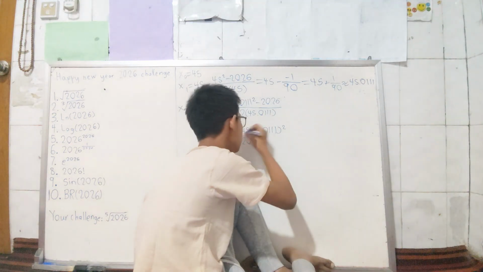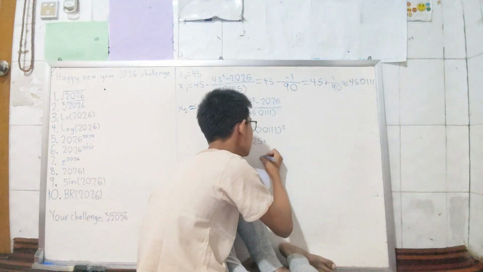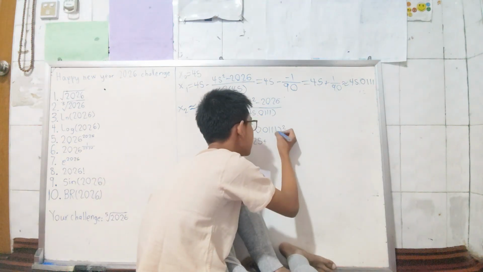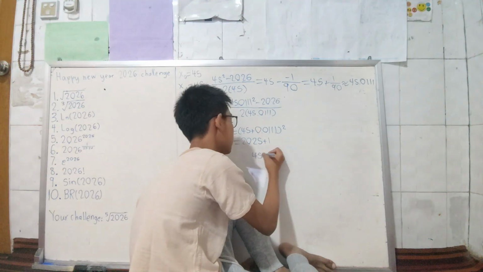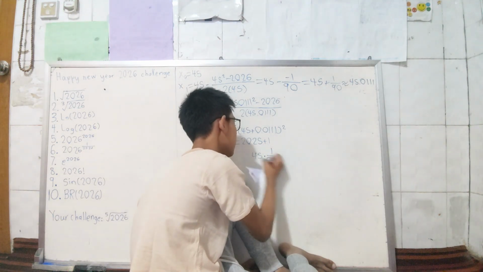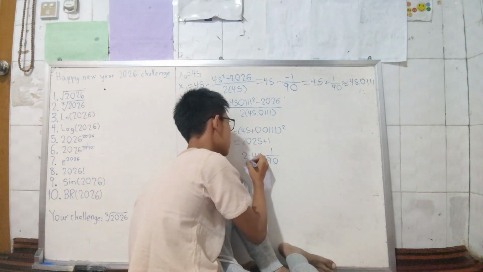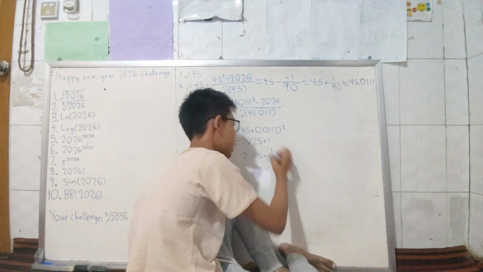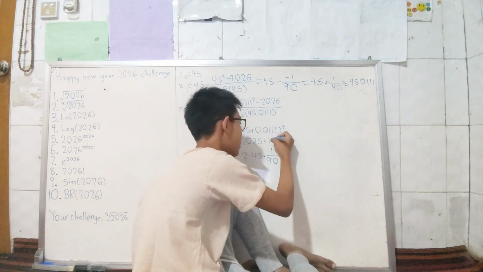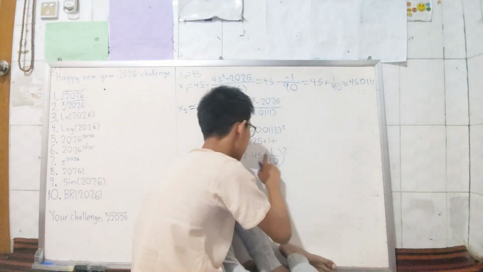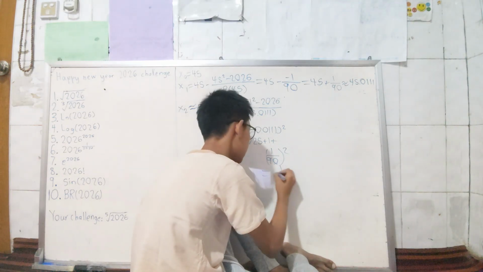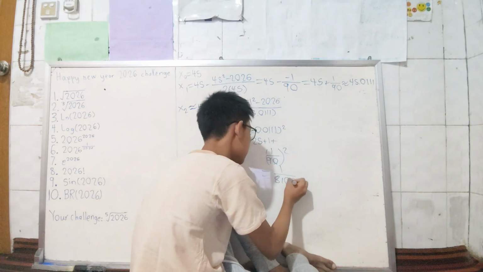So 2 times 45, that's just 90. 90 times this, that's just 1, right? So if we take 45 and 1 over 90 and then 2 times that, the 90s cancel, that's going to be 1. But 1 over 90 squared, that's going to be 1 over 8,100.